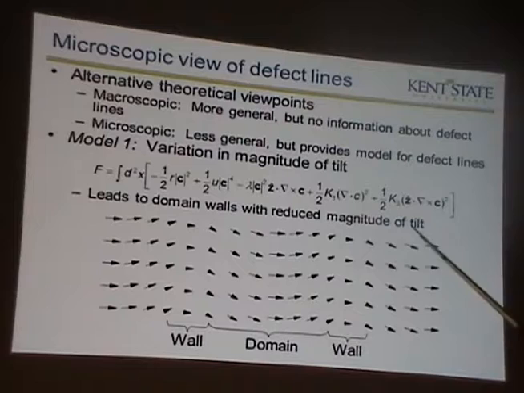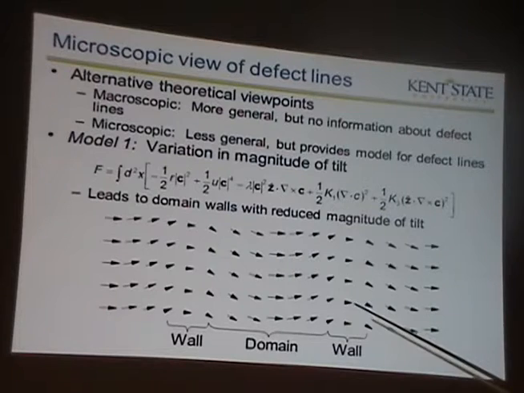And that keeps repeating, that kind of alternation. This is one way of getting a more detailed theory that describes the domains and the walls, and it could predict what's happening within the wall itself.